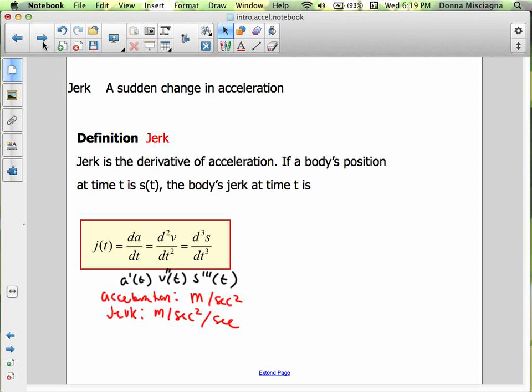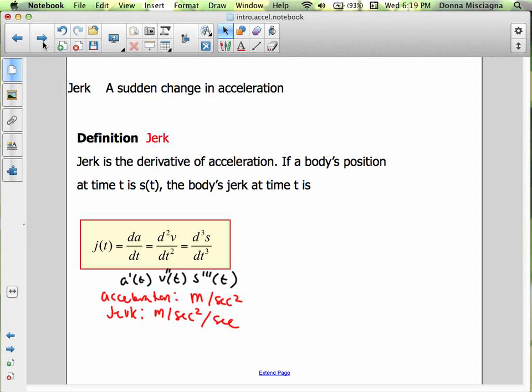If a body's position at time t is s of t, then the body's jerk at time t is the first derivative of acceleration, the second derivative of velocity, and the third derivative of position. Jerk is meters per second squared per second.